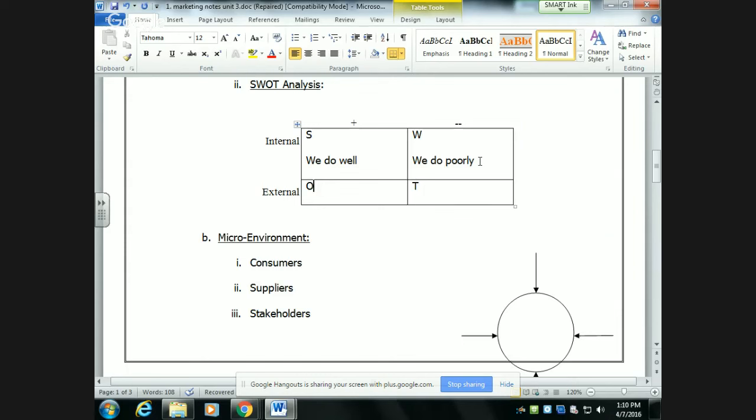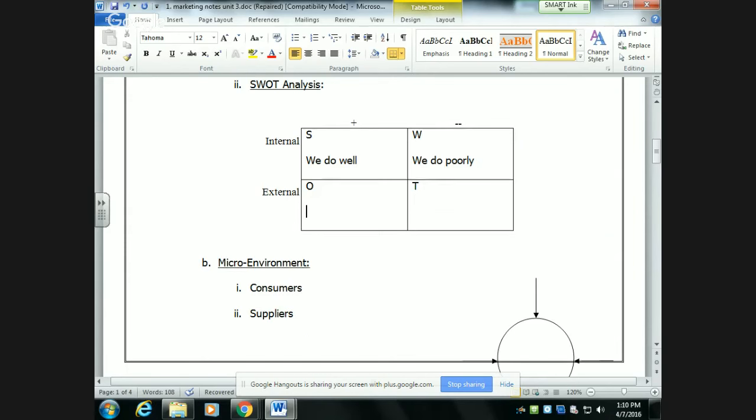Okay. Opportunities are things we could do, right? And that could is the key, right? It has to be things that we aren't doing currently, but you think that there is a market for, okay?